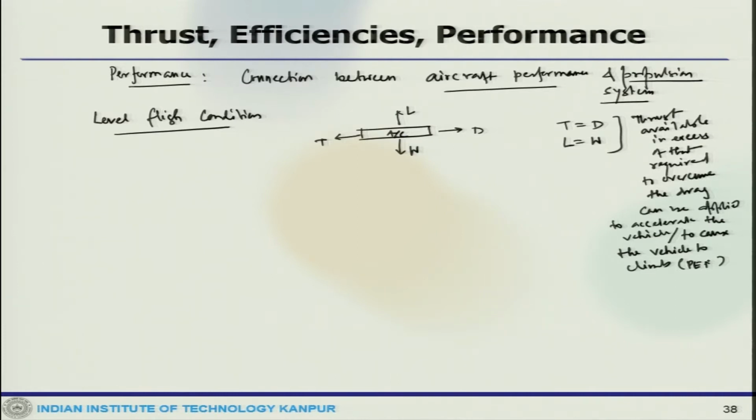To maximize endurance, or time allowed, for a fixed quantity of energy, let us say a fixed quantity of fuel, it is necessary to minimize the rate of energy use. That means the power required, which is drag times flight velocity.